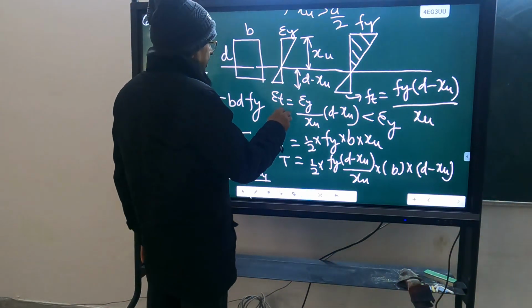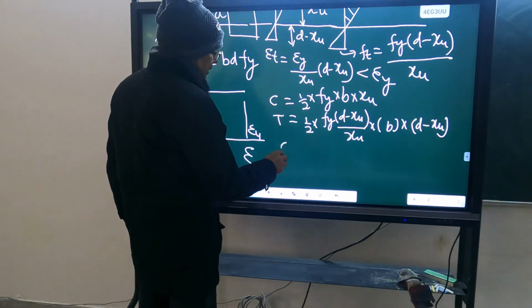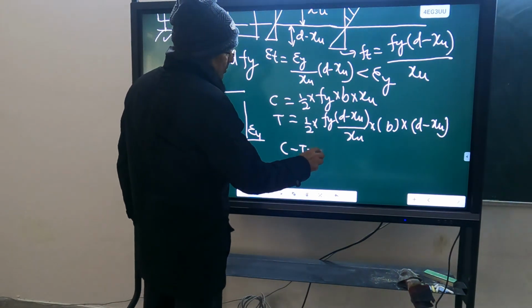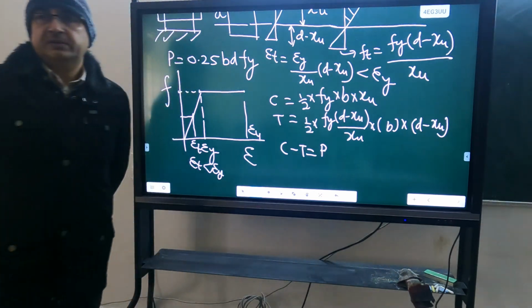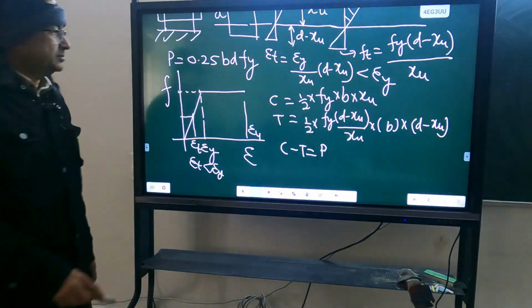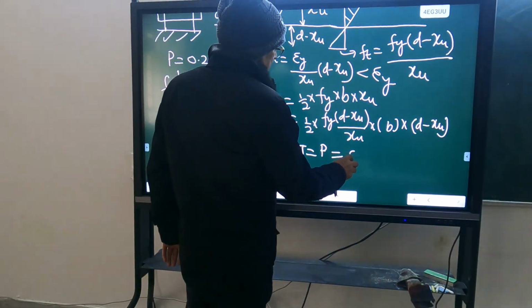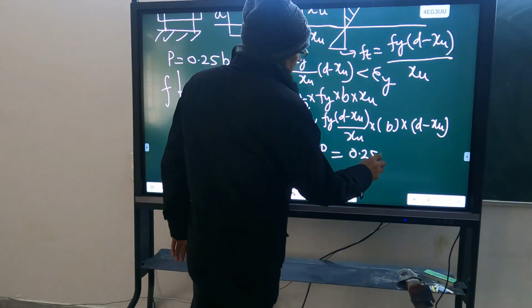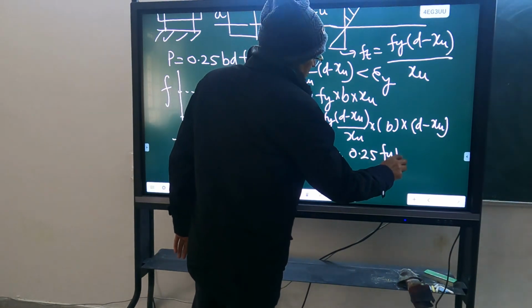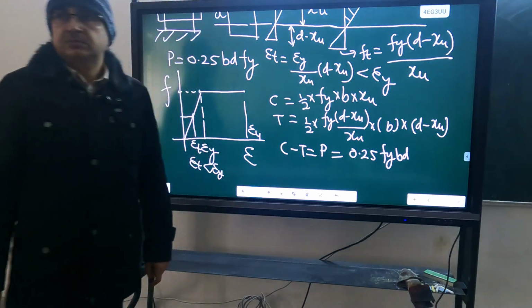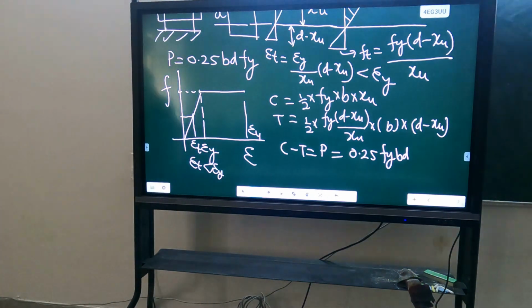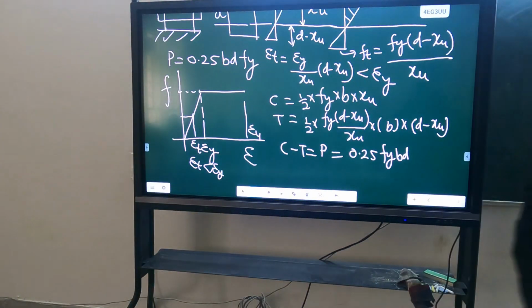To satisfy equilibrium, C minus T is equal to P. You substitute C and T, and you will get a quadratic equation in xu. You have to solve that.